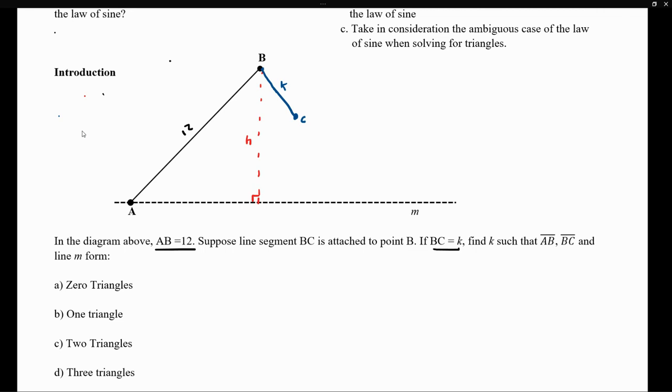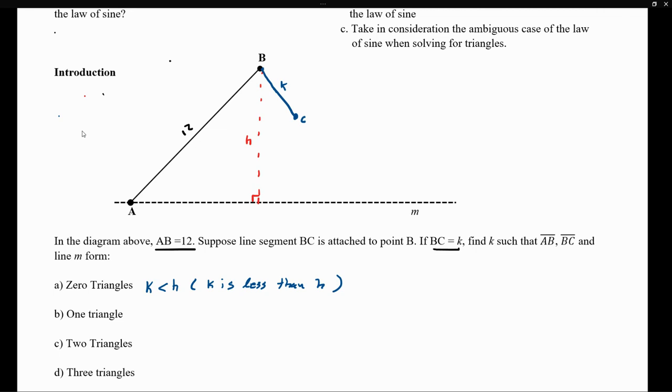And one of the situations is that if this line segment BC, which again we're going to call K, is less than the height, if K is defined as something shorter than the height, then we just cannot create a triangle. So we can define a third side, but if that third side is shorter than the height, we just can't create a triangle, even though we are defining a third side.